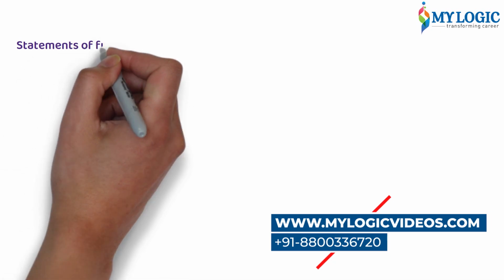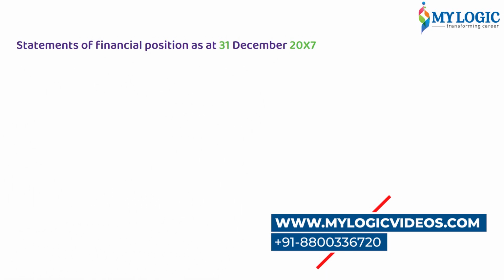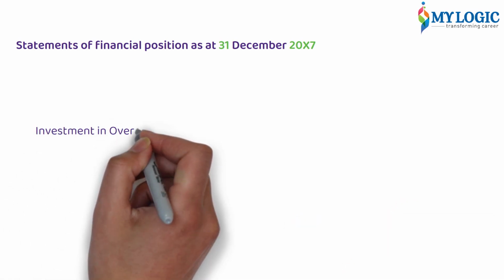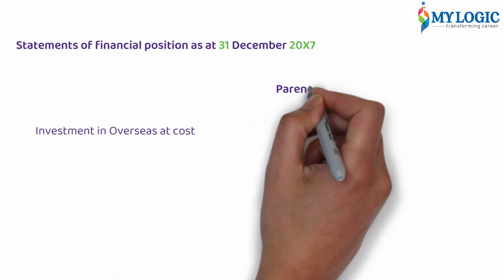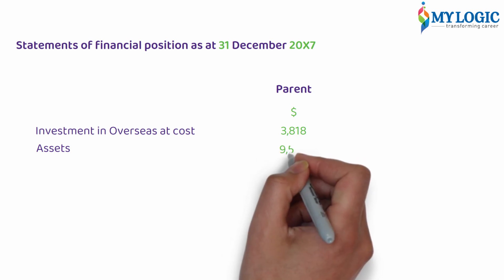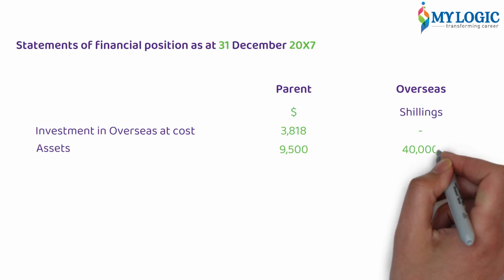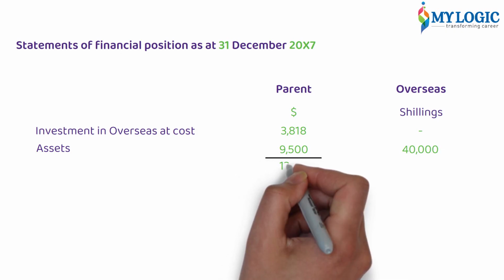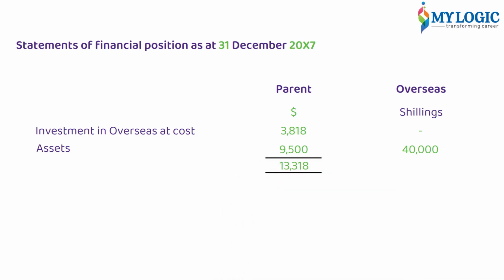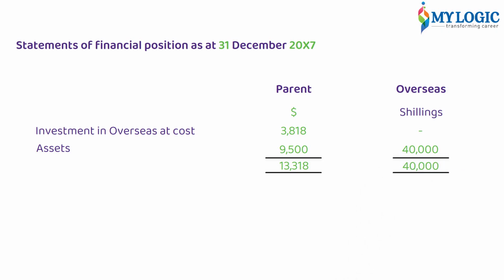Statements of financial position as at 31st December 2017. Investment in Overseas at cost, for Parent, $3,818. Assets: for Parent, $9,500; for Overseas, 30,000 shillings. Total for Parent, $13,318; total for Overseas, 30,000 shillings. Equity and liabilities.